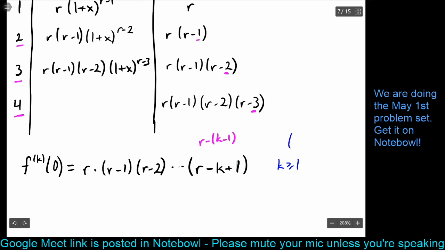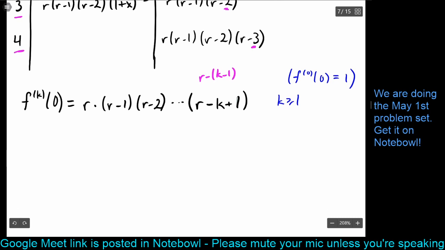And then the 0th derivative at 0, we're just going to understand to be 1. It's a bit of a weird thing, but since this number is bigger than that one, we would just say this is 1. This is kind of the same logic behind saying that 0 factorial is equal to 1. It's just what we need for it to work out.